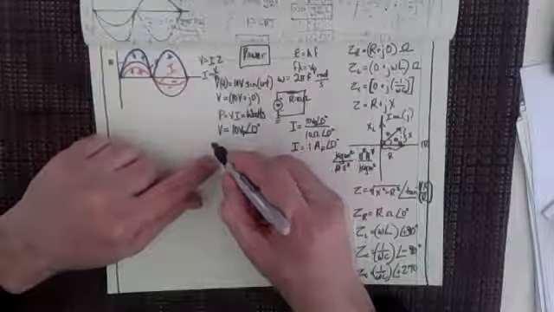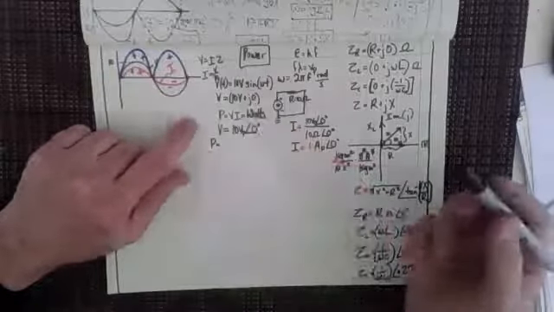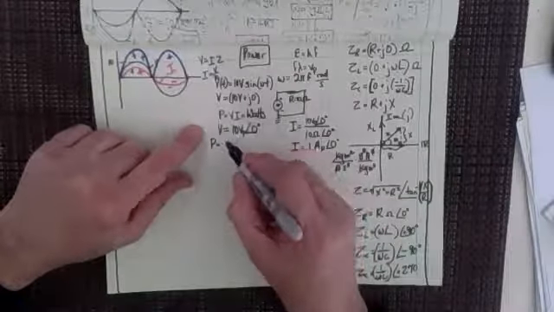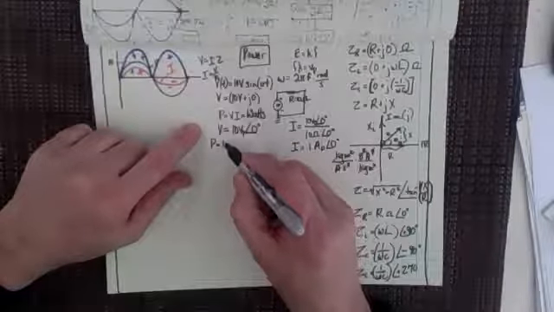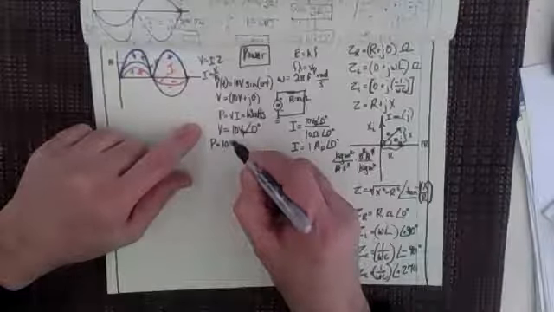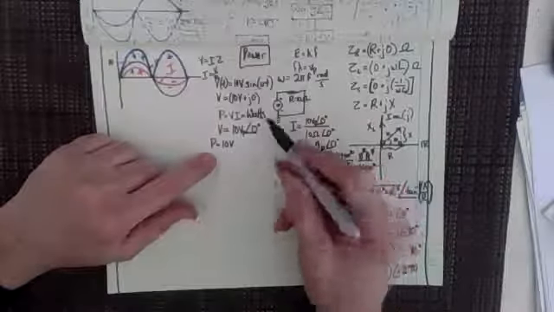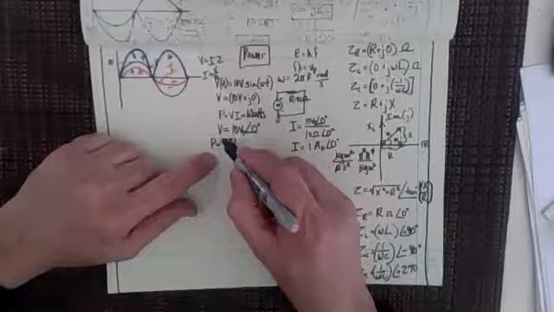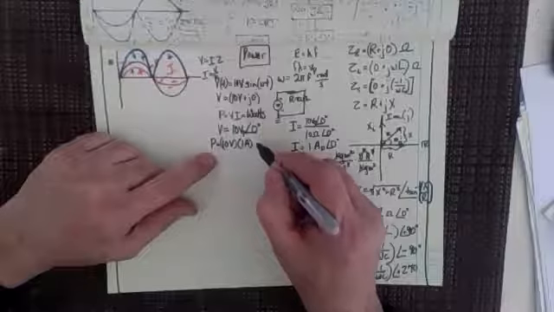If we were looking at the power then, again, we want to write these in phasor form, don't we? Because we're multiplying things together. So I've got 10 volts, but can we actually multiply 10 volts times the 1 amp and find out what our power is?